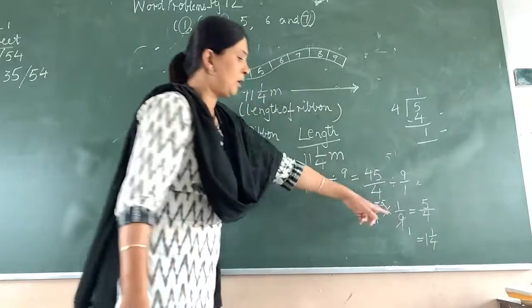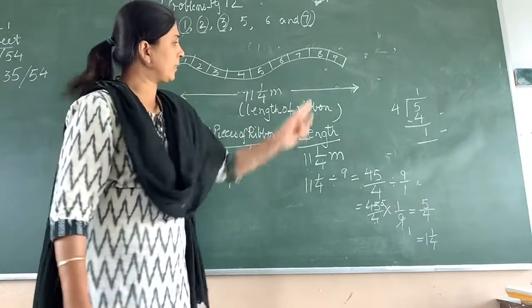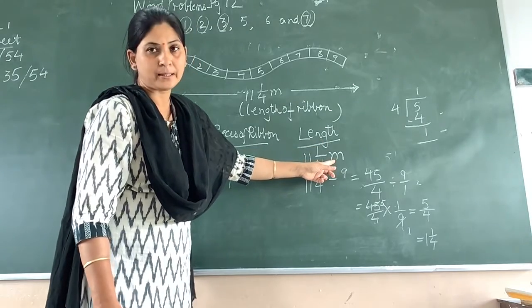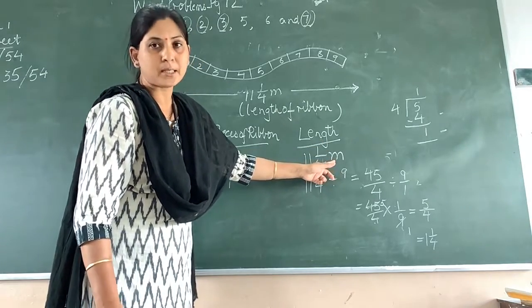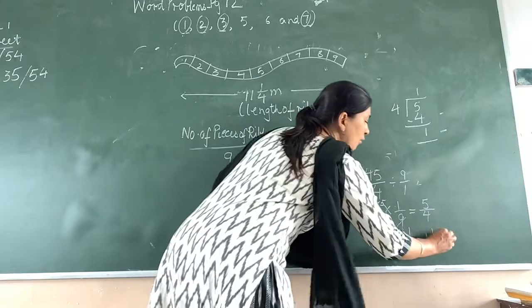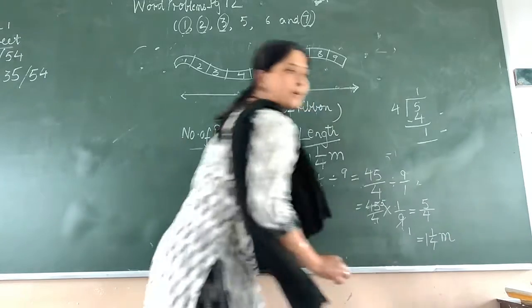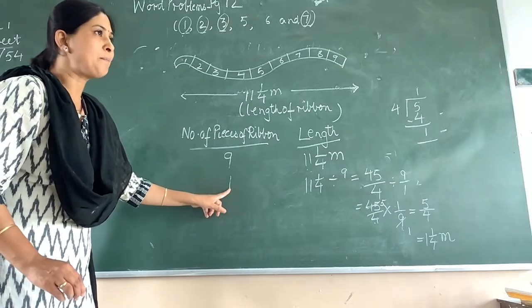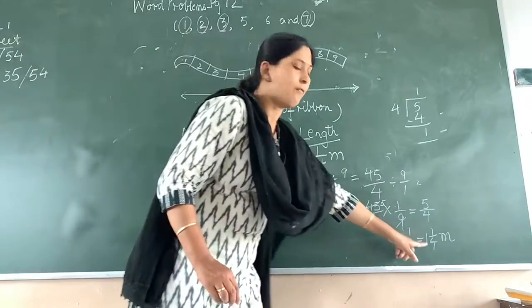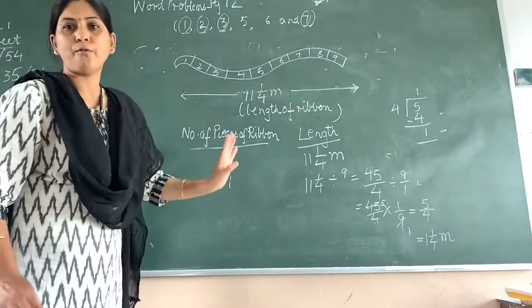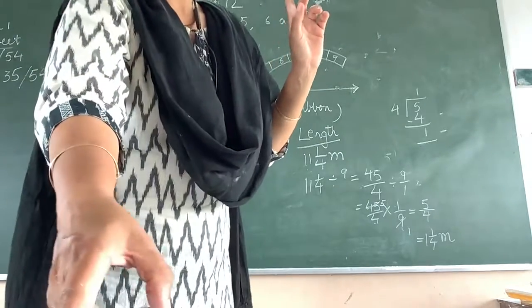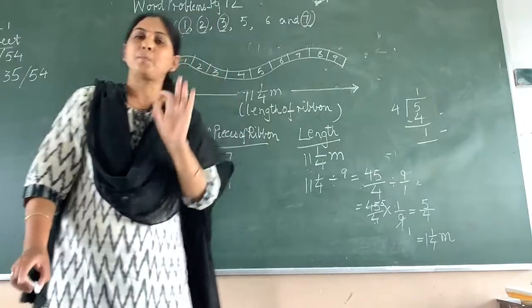Now see, always write the unit. Now the heading on the right hand side was length. And the unit of length that is being used here is meter. So 1 whole 1 over 4 meter. So you see, length of one piece of ribbon is 1 and 1 over 4 meter. Now read the question part. Find the length of each piece of ribbon.